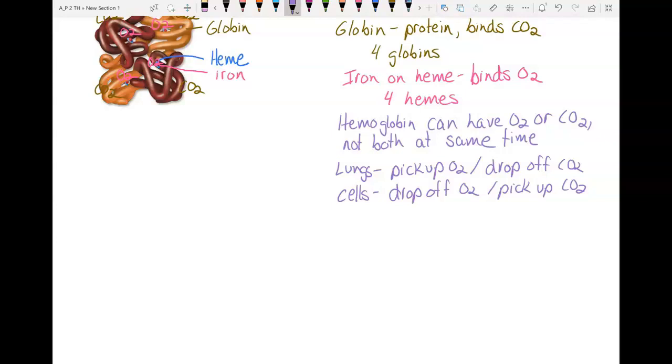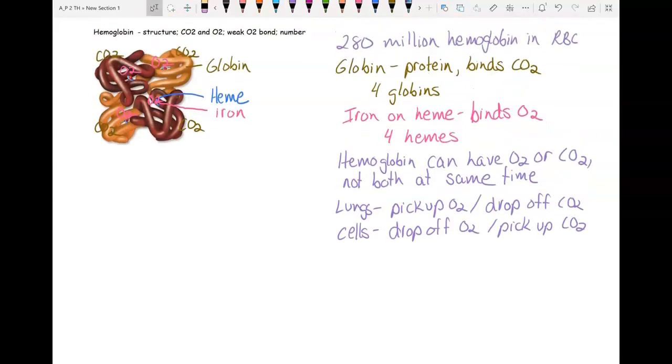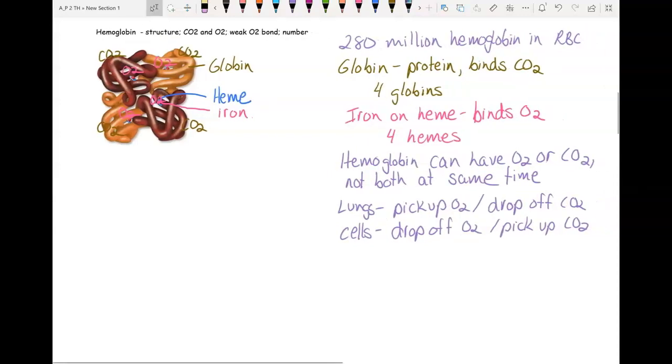If we look a little more at this bond between iron and oxygen, it is a weak bond. So there's pros and cons to this.